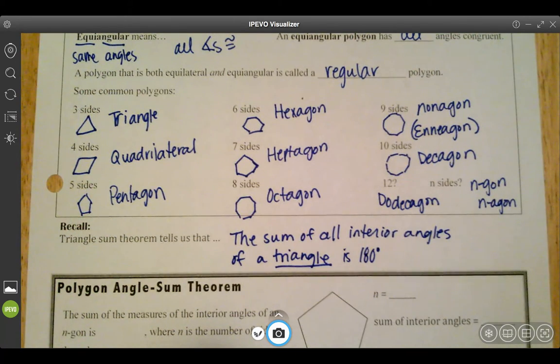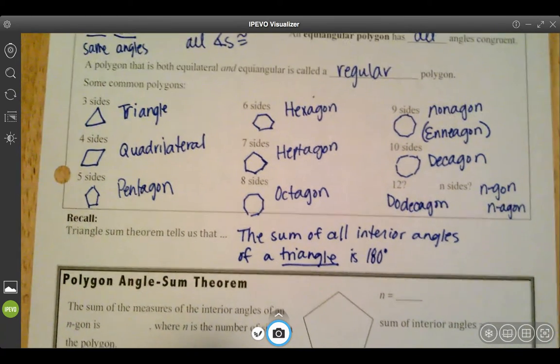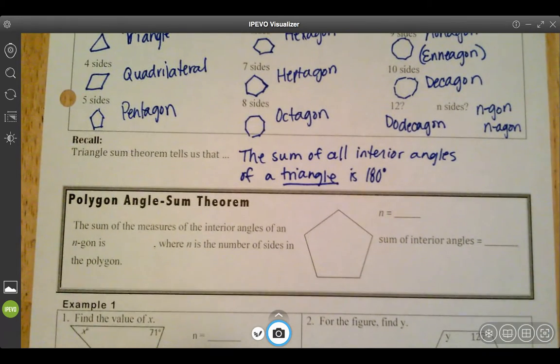And that's only for a triangle. If I have a different number of sides, then the interior sum will be a different number. So how can we find the interior angle sum for other shapes?